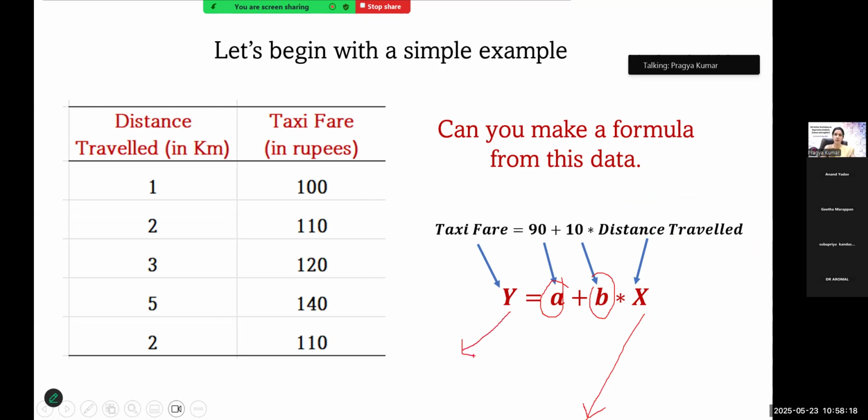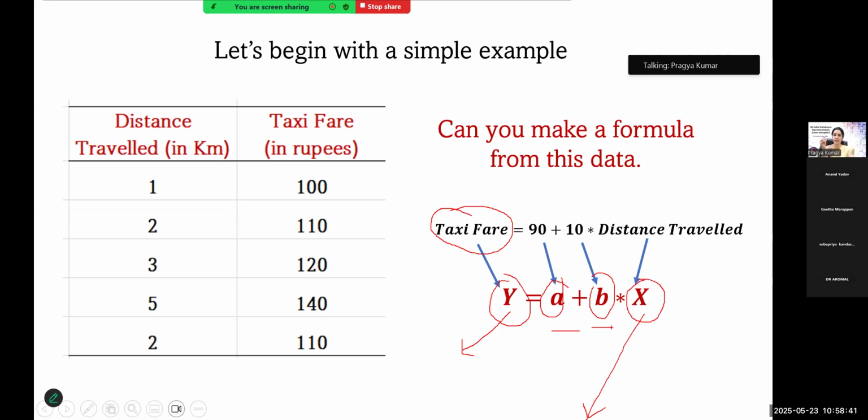Remember the terminology from correlation: y is always the dependent variable. In this case, my taxi fare is my dependent variable. x is my predictor variable or independent variable, which is the distance traveled. So a and b are constants.